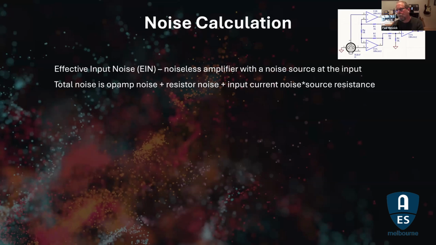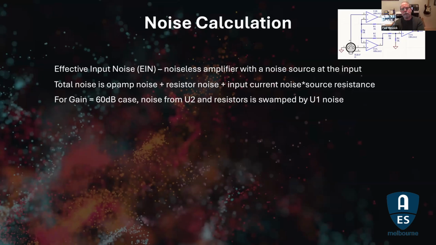Because that microphone that's plugged into Paolo's XLR there is 150 ohms. So if there's any current coming out of those op amps, you're going to get some voltage in that 150 ohms.